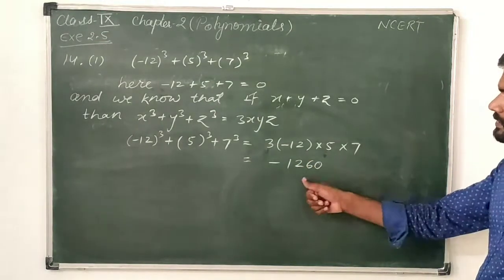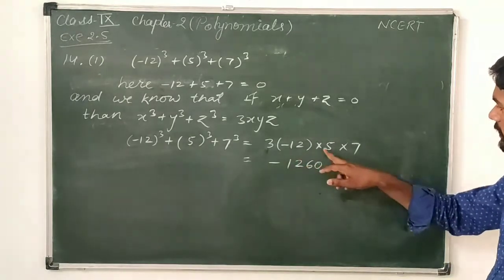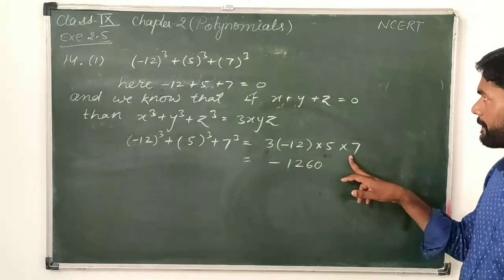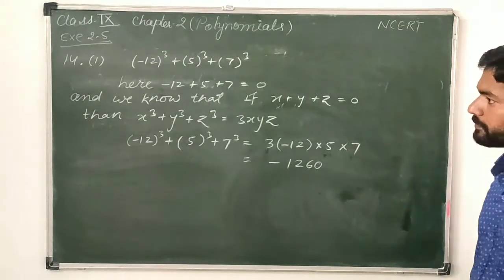So the answer of this is equal to this. Is this correct? 12 times 5 is 60, 420, and correct.